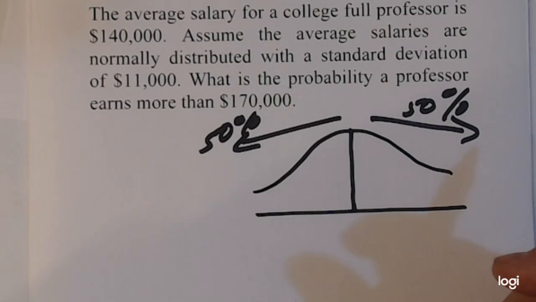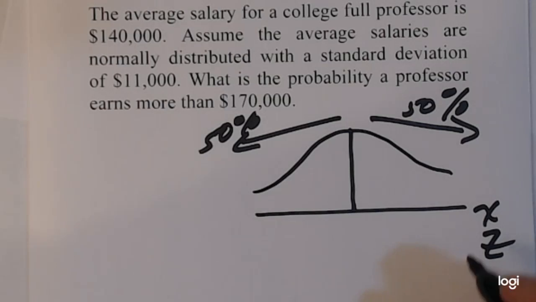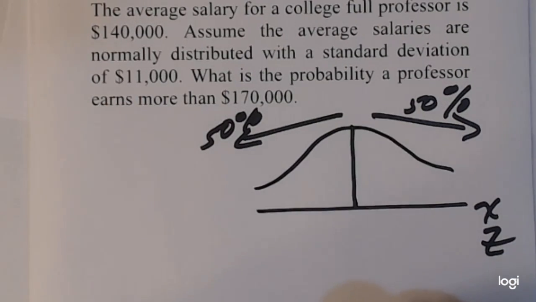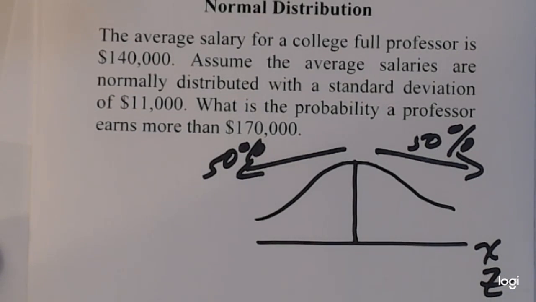And we're going to standardize it. We're doing the standard normal distribution, which is transforming our x variable to a z variable. And I'll show you how to do that in a moment. The best way to do it is to probably just jump right in.